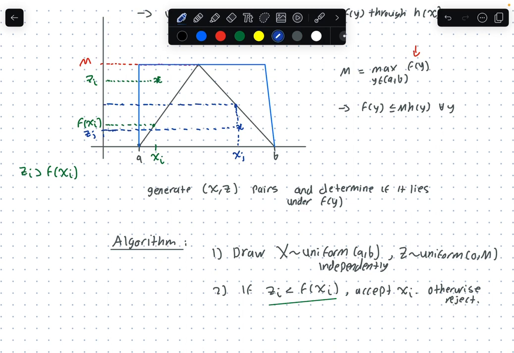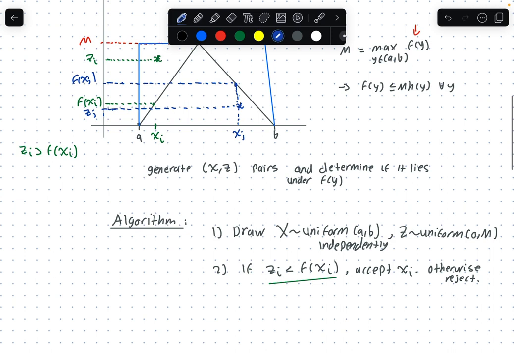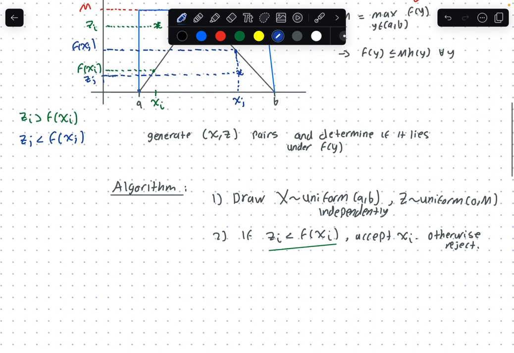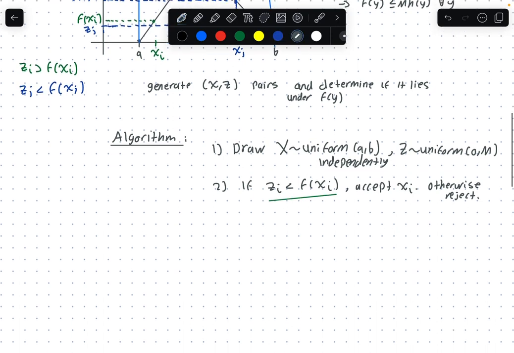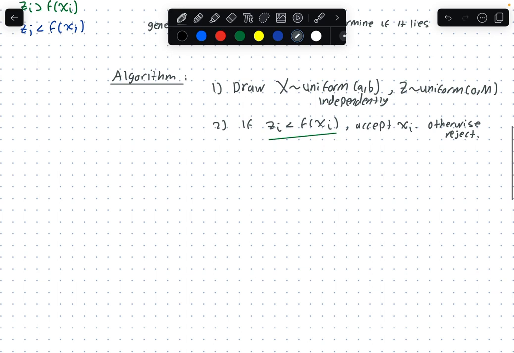So this will be our f of x sub j. And you can see that in this case, z sub j is less than f of x sub j, and therefore it lies under our curve, and we can accept it as a sample. So that's the intuition behind it if you enjoy thinking about it that way.